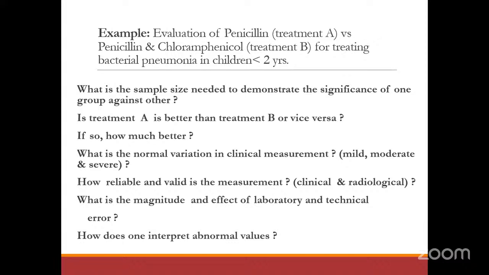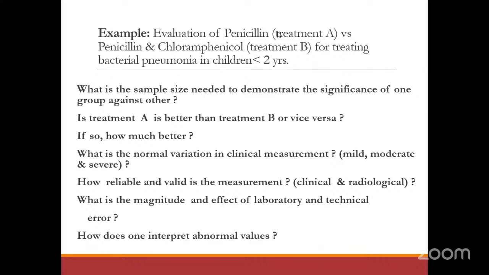Suppose we want to evaluate two treatments: one based on penicillin, and another one is penicillin with chloramphenicol. These two kinds of treatments we have, but we want to apply them to children under 2 years. So some questions come into our mind.